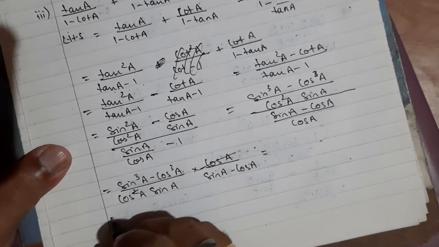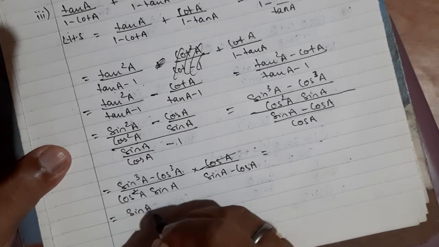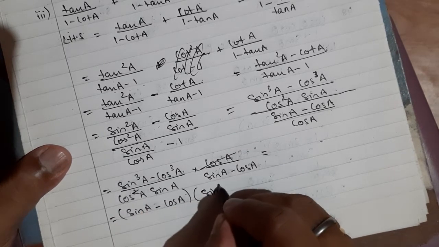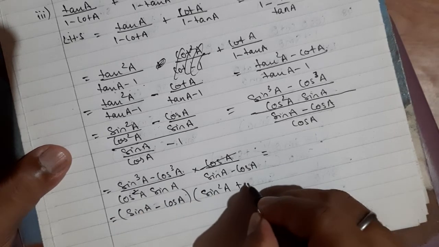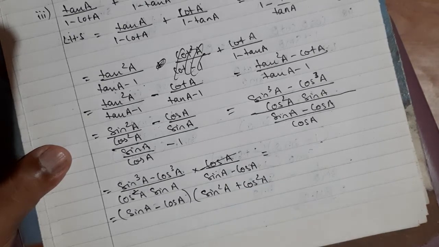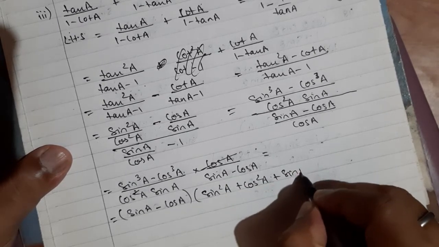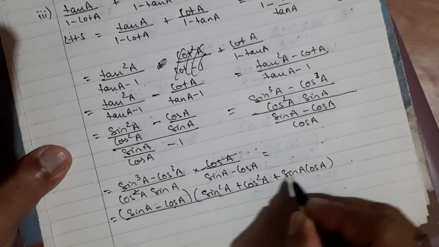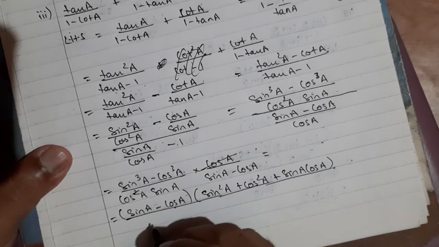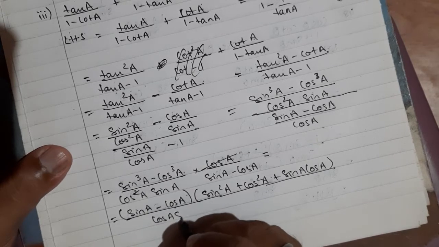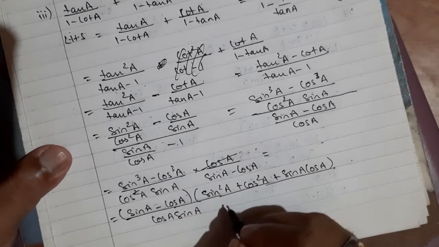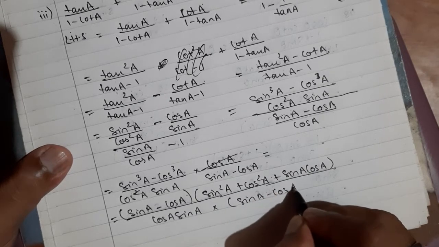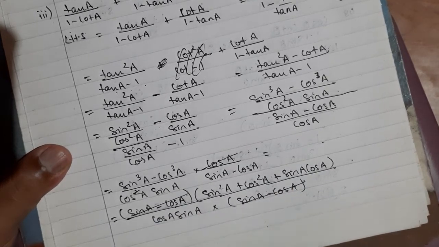So here it will be sin A minus cos A times sin square A plus cos square A plus sin A cos A upon cos A sin A into sin A minus cos A. This part gets cancelled.